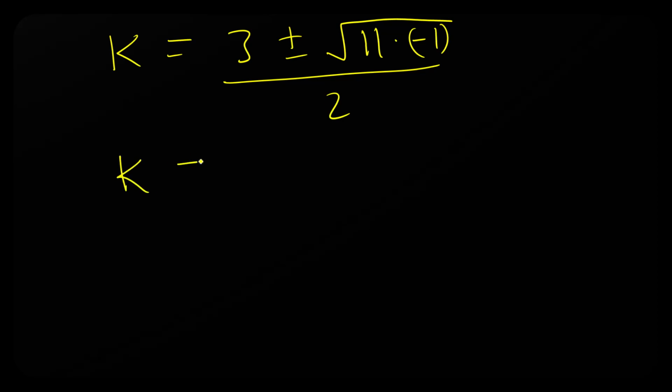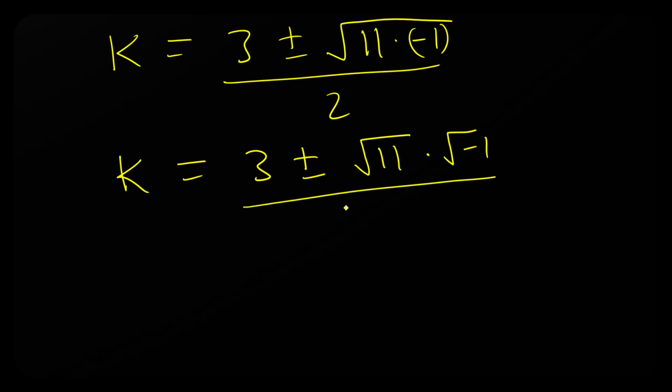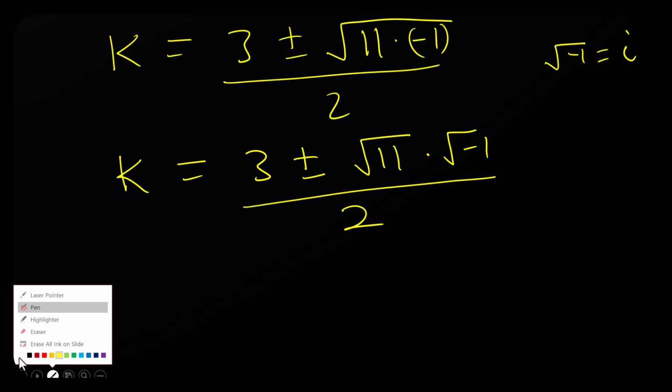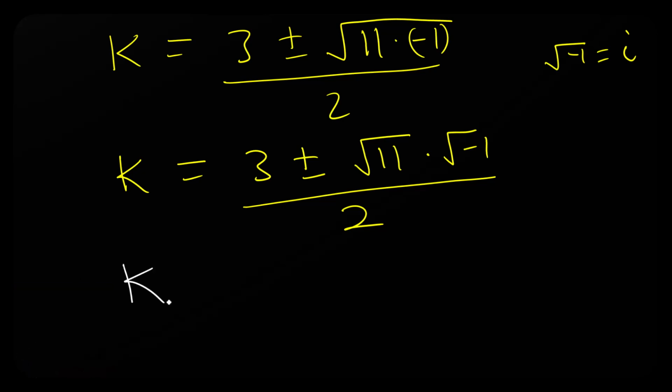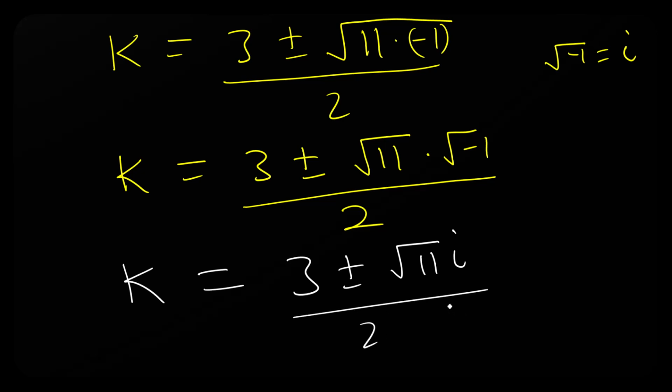So we can say 3 plus or minus square root of 11 times square root of negative 1 on 2. Remember, square root of negative 1 is the same as i. So we have K equals 3 plus or minus square root of 11 i on 2.